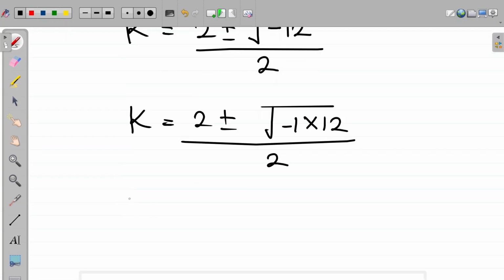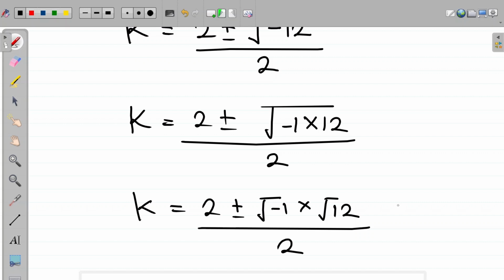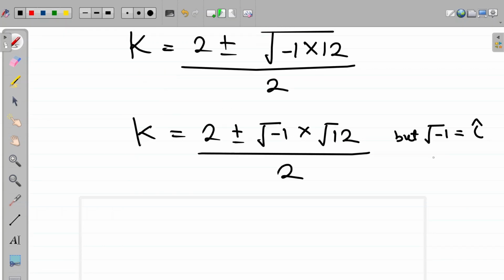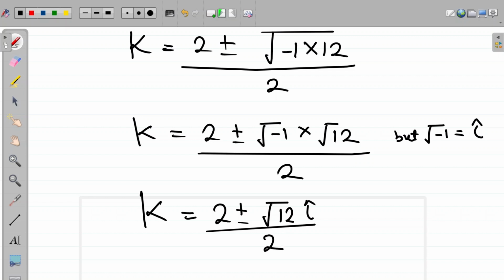And this can also be expressed as k equal to 2 plus or minus root of minus 1 times root of 12 divided by 2. But root of minus 1 is equal to i. The i is known as our imaginary unit. So therefore, the equation now becomes k equal to 2 plus or minus root of 12 i divided by 2.